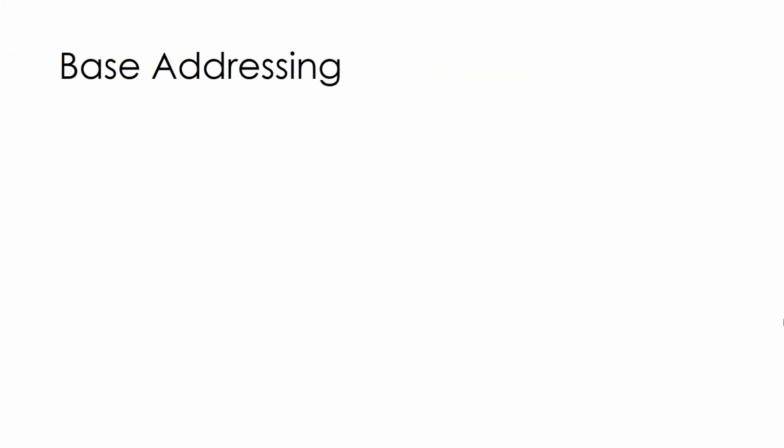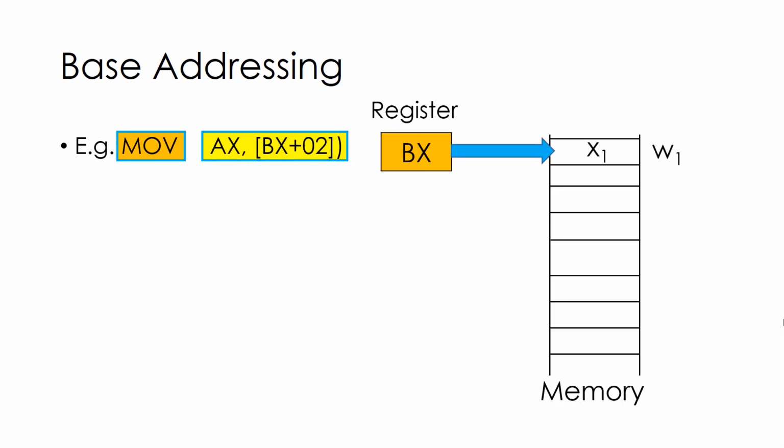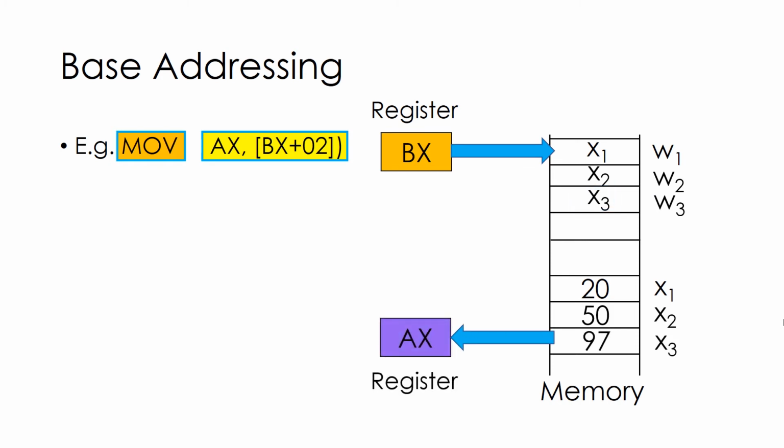Effective address of operand is calculated by addition of content of register BX and the offset 2. Initially, register B points to the location x1. Then we increment the content of register B by 2 because our offset is 2. And finally, we move the value 97 from x3 location to the accumulator.